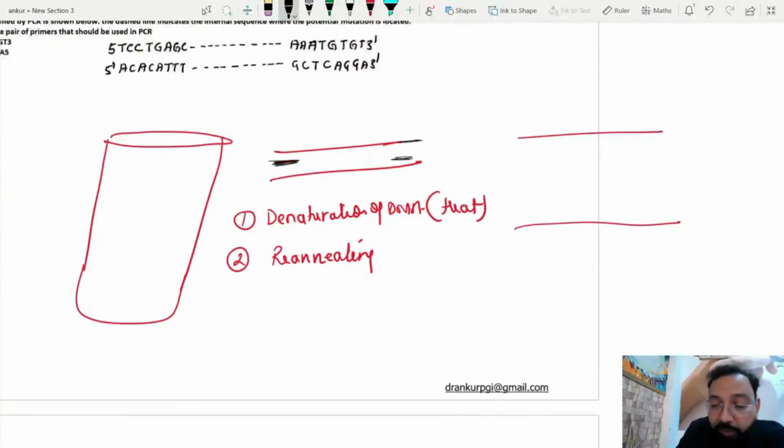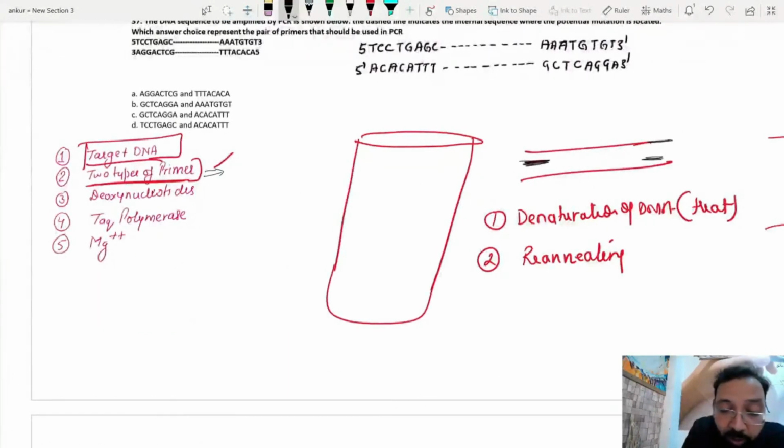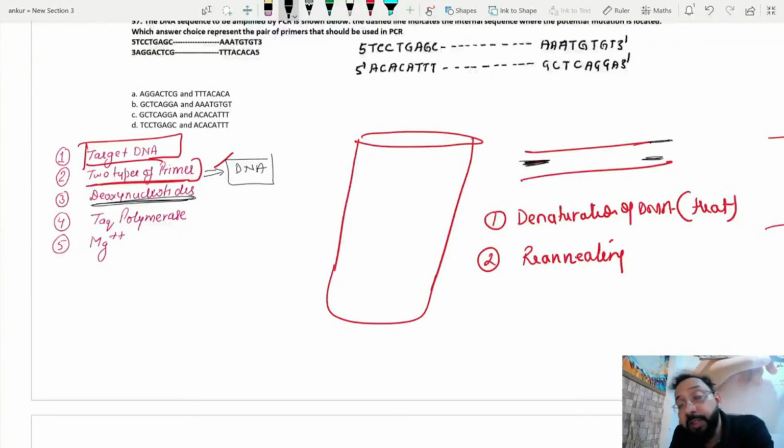These primers are not RNA, these are DNA. We add deoxynucleotides because we are synthesizing DNA. Yes, deoxynucleotides, these are not dideoxynucleotides.